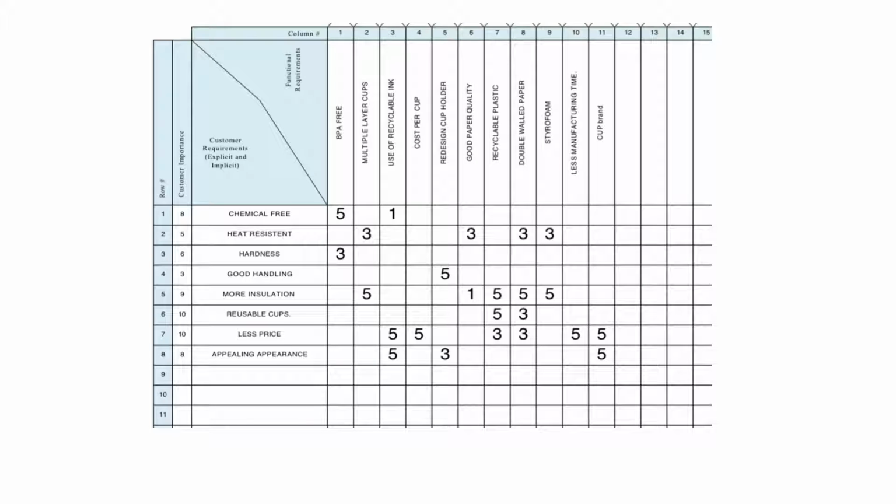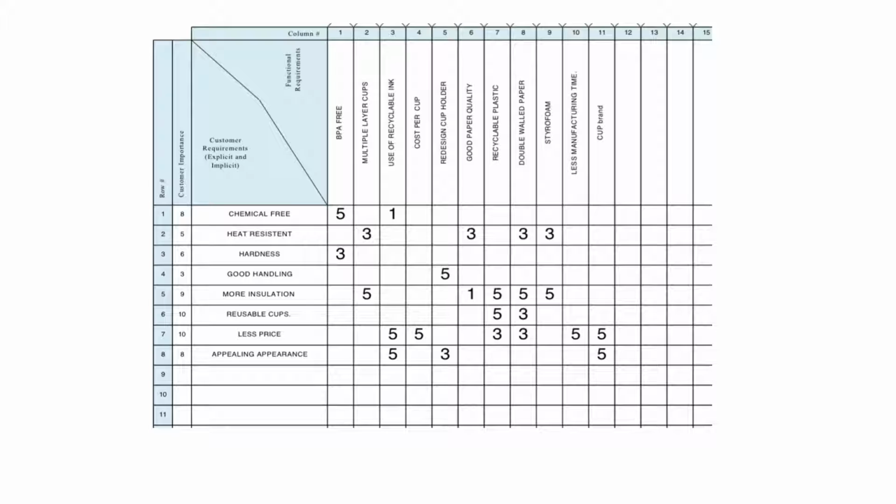Now, as we see, the chemical-free requirement and BPA-free are interrelated in a number of ways, so that has a completely strong relationship between the two. The hardness is indicated as moderate, because the hardness of the cup will also depend upon BPA-free.